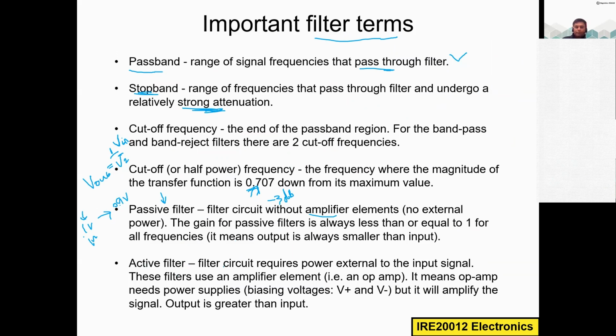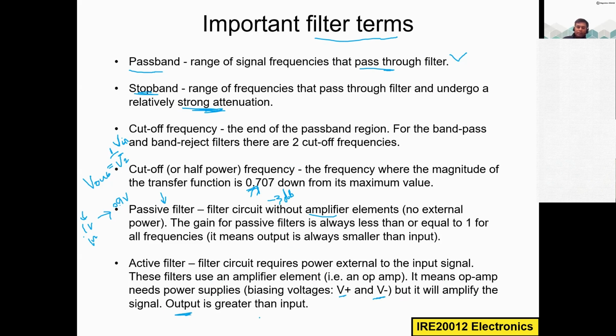And active filter. Active filter means here filter circuit requires power external to the input signal because it's using the active elements. So these filters can use an amplifier element, for example, operational amplifier. So operational amplifier is one of the active elements. It means op-amp needs power supplies. We know that V plus, V minus, but it will amplify the signal at the output.